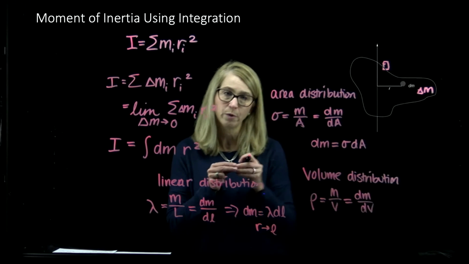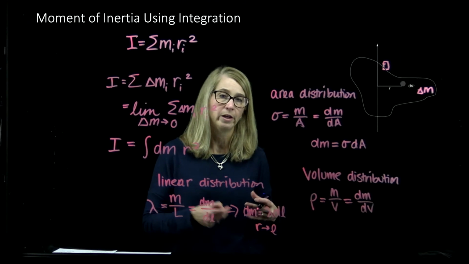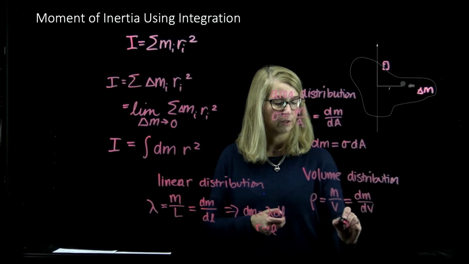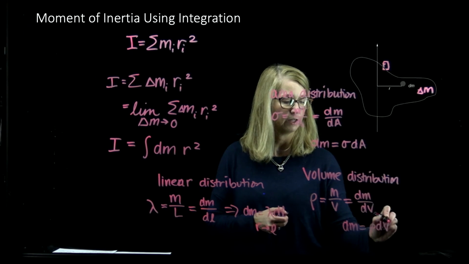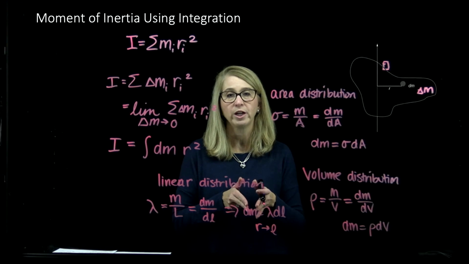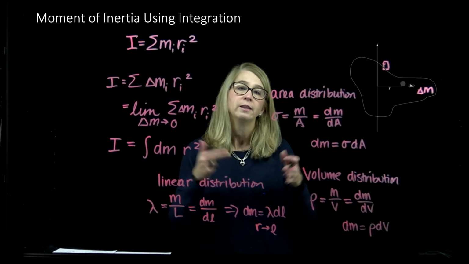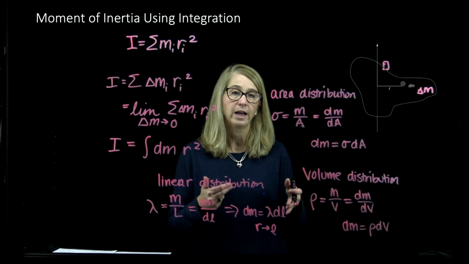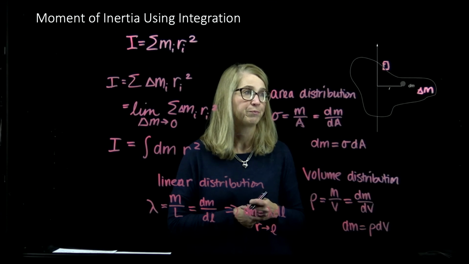So if I take a very small piece that represents a small volume, I'm going to get a small amount of mass. And so this means that dm can be written as rho dv. How I divide up my object, I would want to choose a particular element of volume that has a constant radius from the axis of rotation so that I could easily set up the integration.